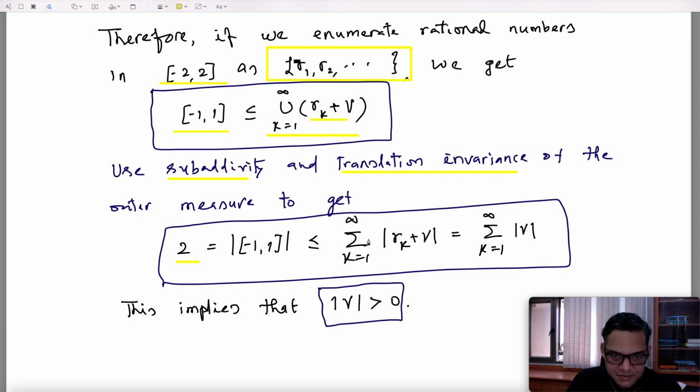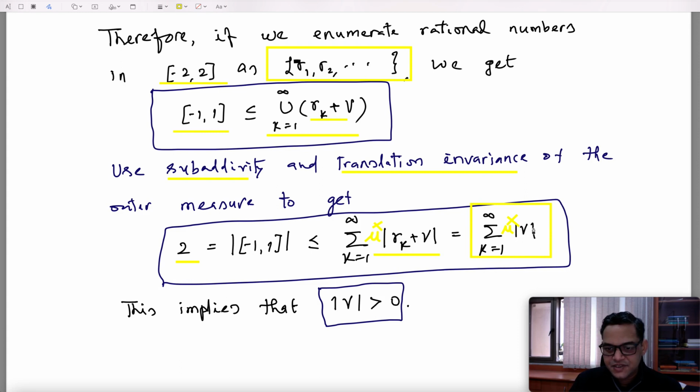Actually I should have written here mu star, I'm sorry. Okay, so this is mu star, because this is not an interval. Similarly over here, just correct this. So mu star, but the mu star of this set, because this is a translation of a fixed set, is the same as the mu star of the set V, and you see this is an infinite sum of a fixed number.